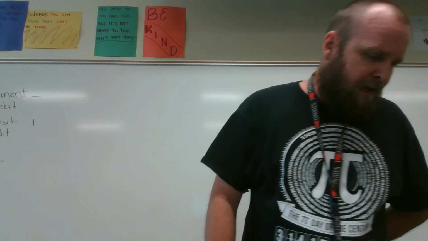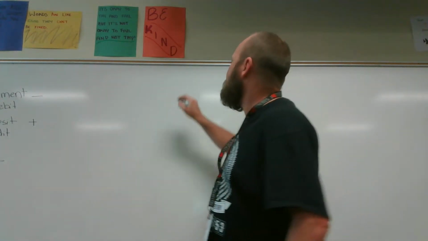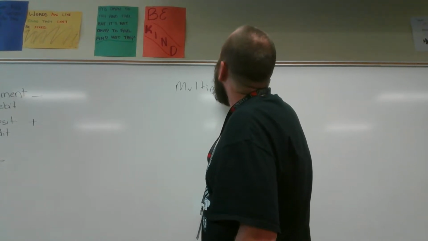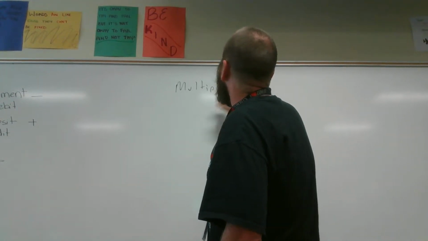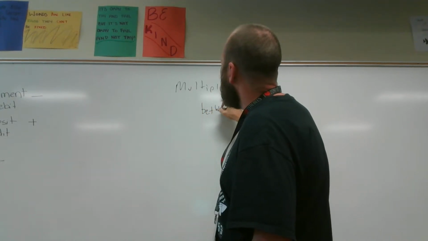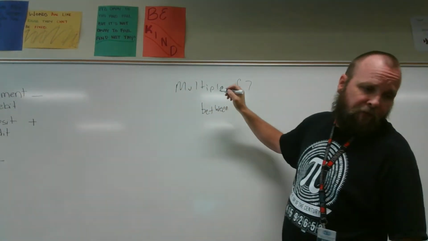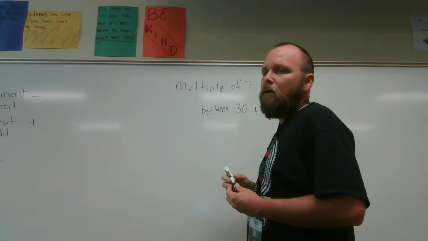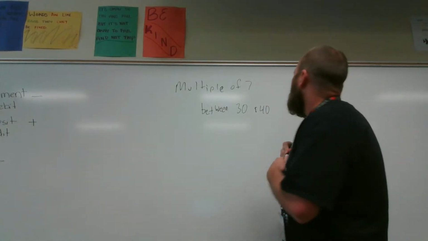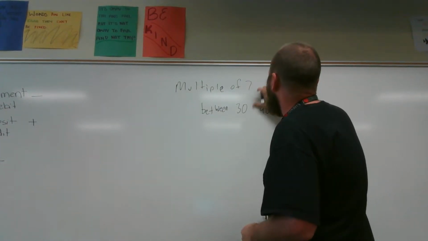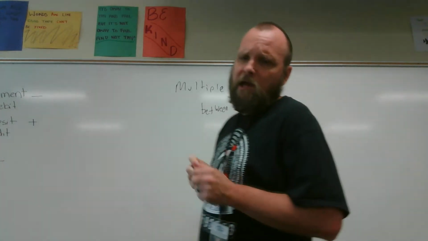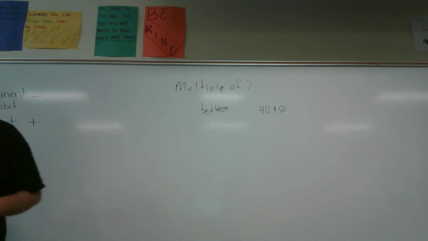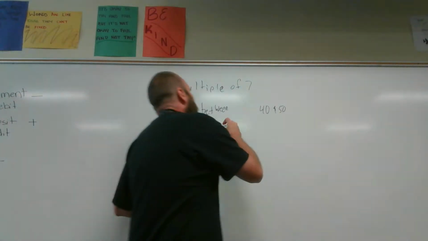Okay. Let's see. Name a multiple of 7 between 40 and 50. That's between 40 and 50. And Natalie, a multiple of 7 between 40 and 50? 42.